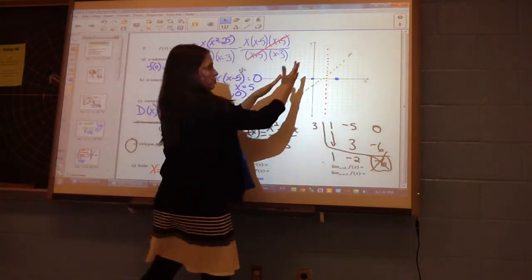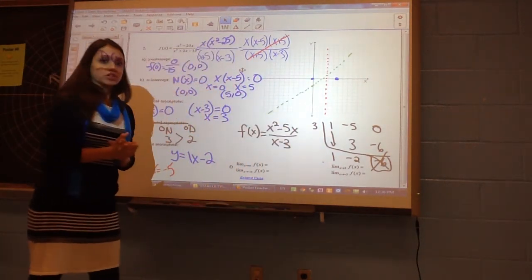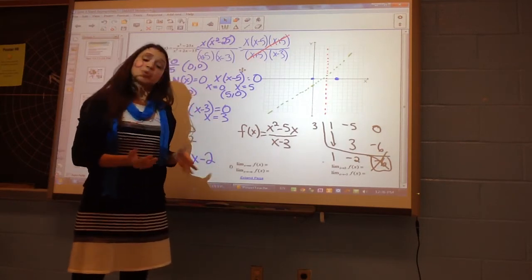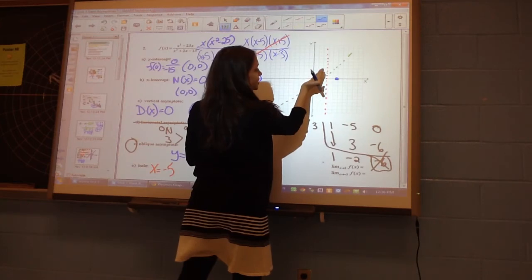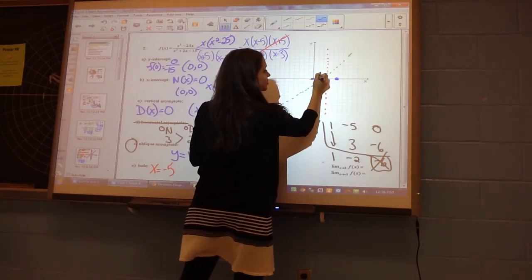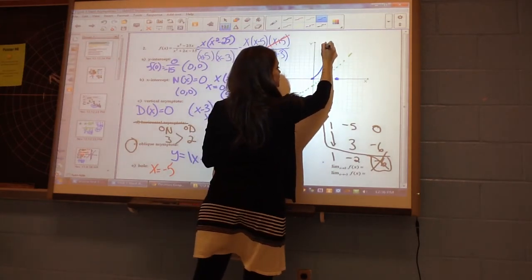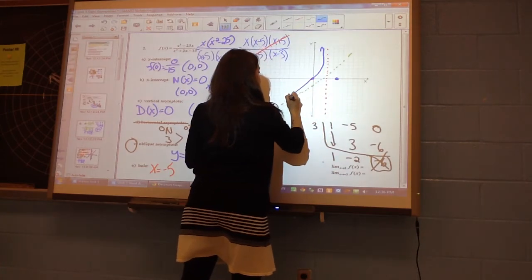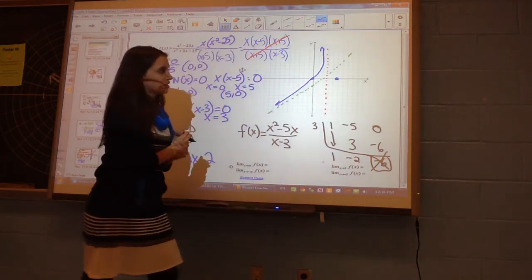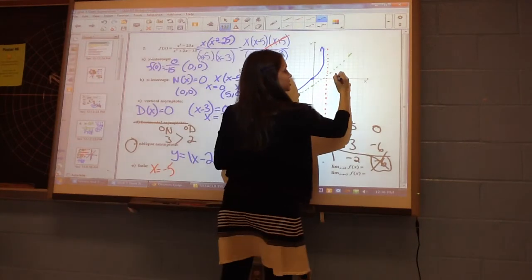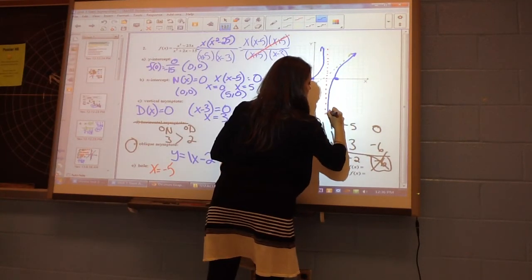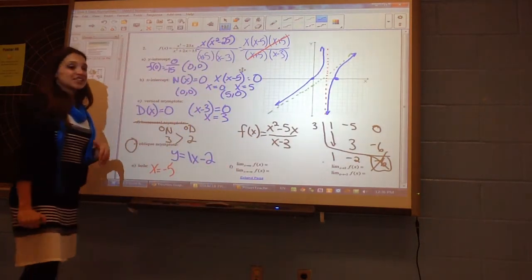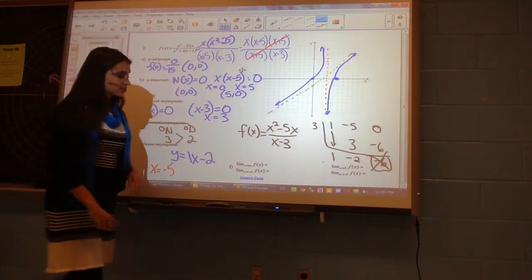Now I could pick more points and figure out what different values are going to be, and you might want to create a table, but the more you do, you'll start to see that this red line guides my graph. So my graph has to go up towards this line and go down towards this green line. And then it's the opposite. It's going to go up towards the green line over here and down towards the red line over here. It's a rough sketch of what your graph looks like.